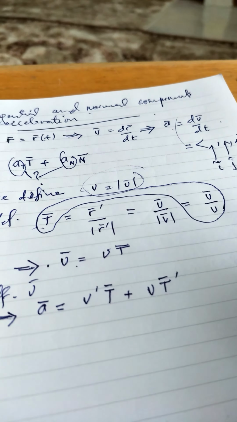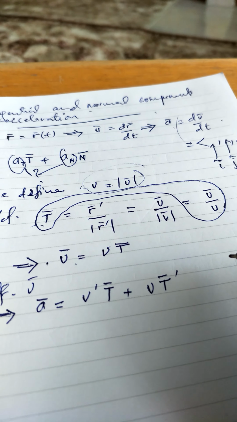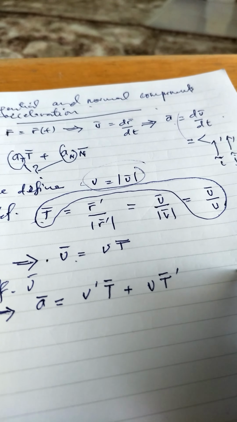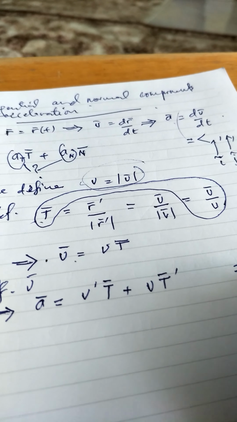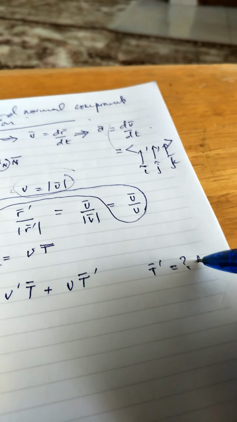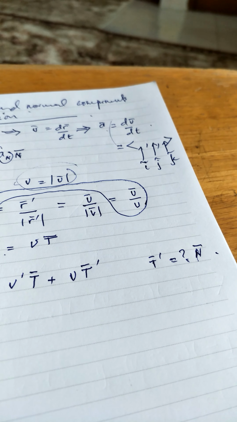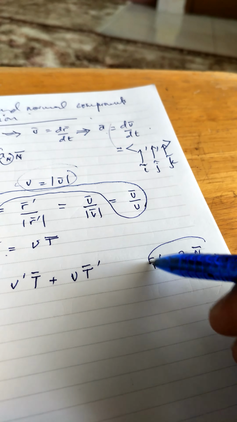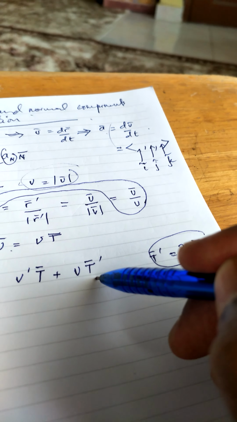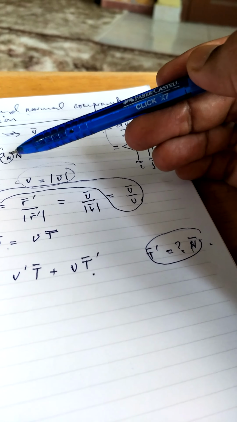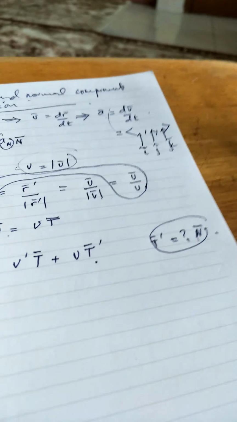So we need to write this T prime in terms of something, N bar, the vector N. If we can write this and substitute into that, we can find a_N. So that's the purpose now.